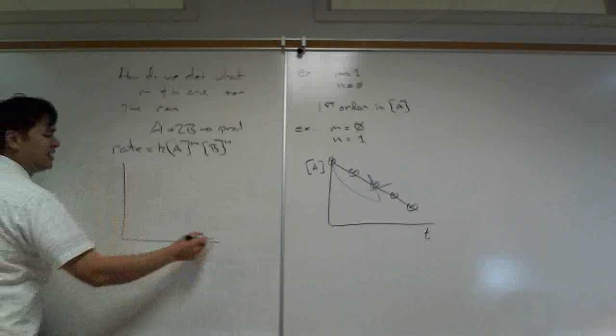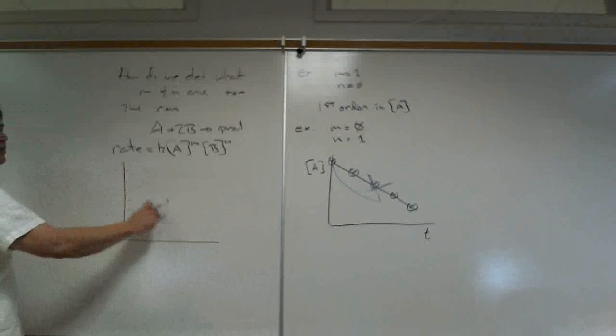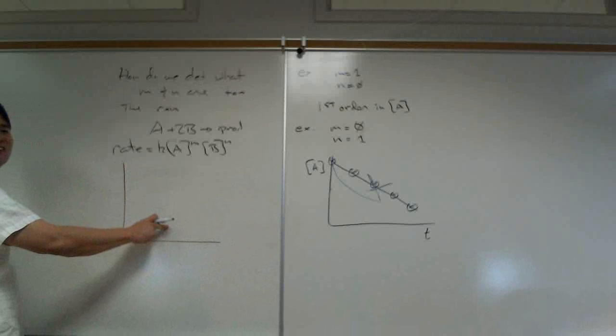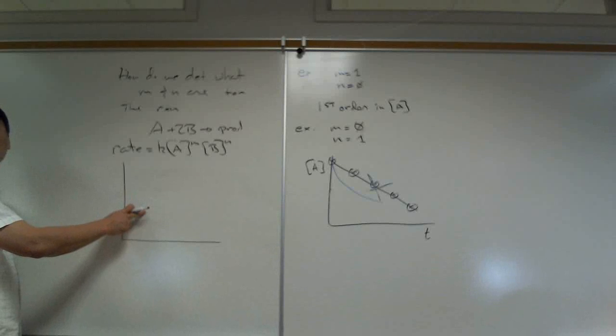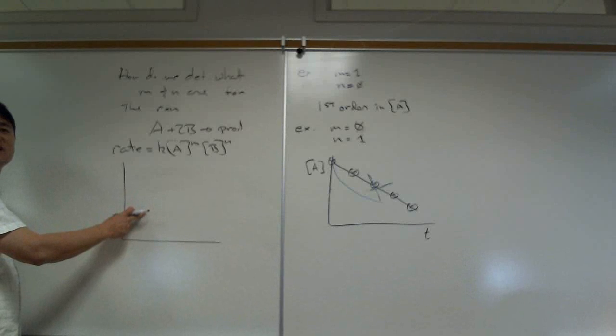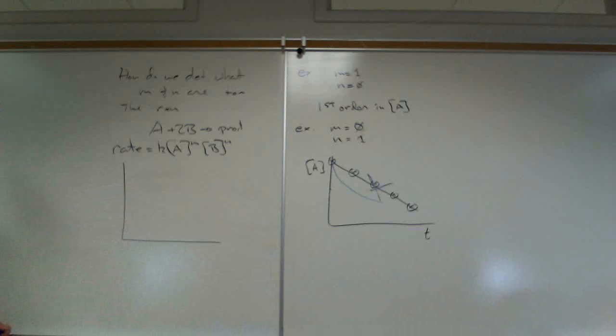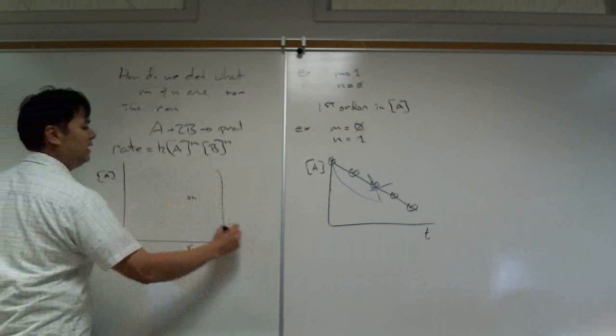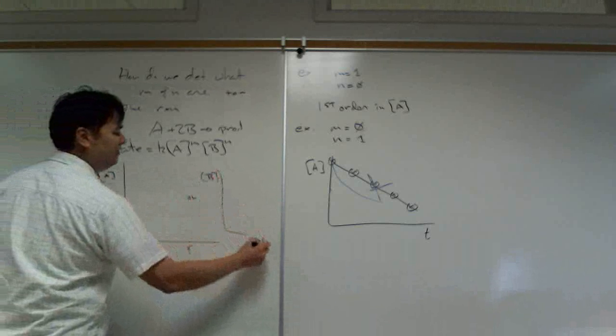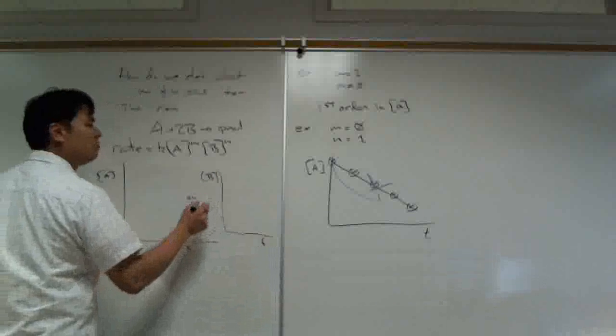The problem is we can't do it off the graph of A alone, and we can't do it off the graph of B alone, because those are showing the overall order of reaction, right? They aren't showing the individual order. And so graphing A versus time, or B versus time, just gives us the overall order.